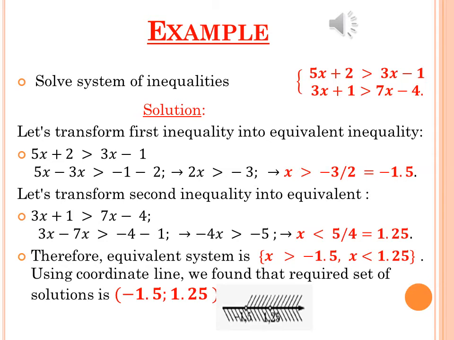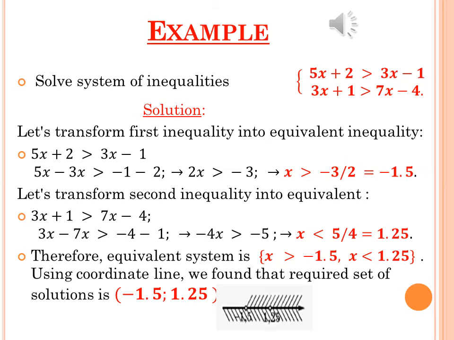We'll take the first inequality, 5x plus 2 greater than 3x minus 1. Solve it. How to solve? Put the variable on the left and constants on the right. So transfer 3x from right to left. So 5x minus 3x greater than, move plus 2 from left to right, negative 1 minus 2. Then 5x minus 3x is 2x, greater than negative 1 minus 2 equals negative 3.